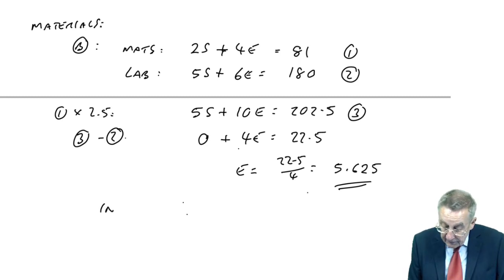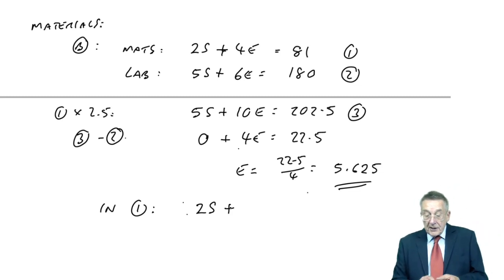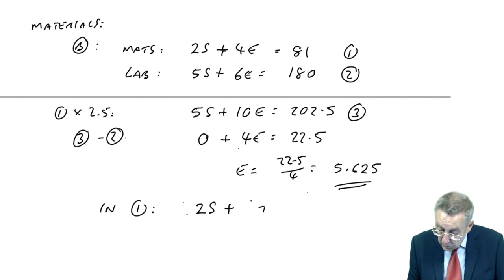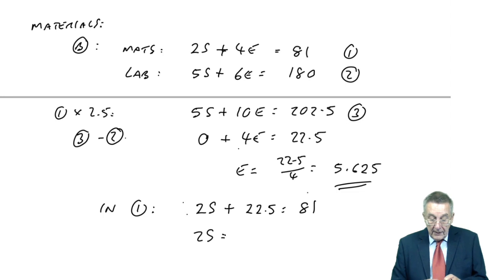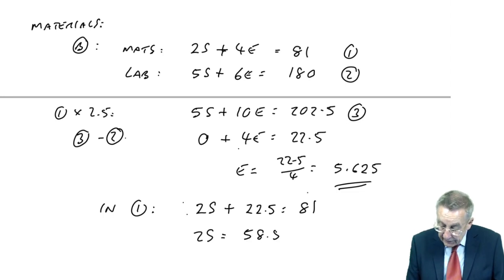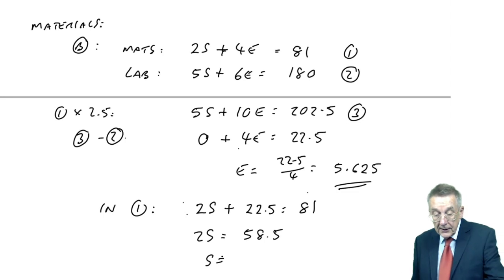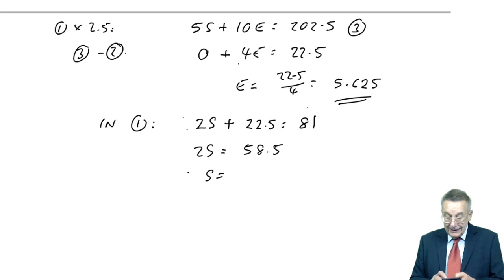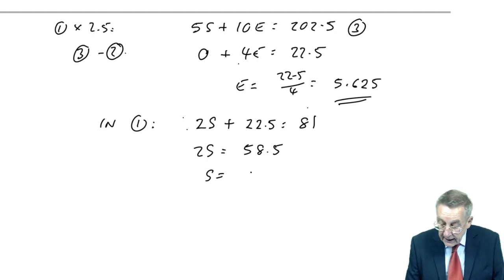Now what happens to S? If I put it in the first equation, 2s plus 4 times 5.625, which is 22.5, equals 81. 2s therefore equals 81 minus 22.5, 58.5, and therefore S equals 58.5 over 2, 29.25.